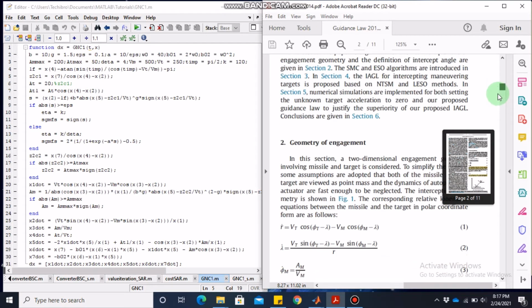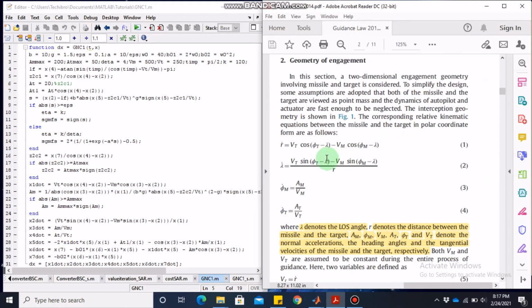Remember these equations, equation 1, 2, 3, 4. r will be our first state variable, which will be x1, x2 will be lambda, x3 will be phi m, and x4 will be phi t in this code. x4 is phi t, and x2 is lambda, which is the line of sight angle, and phi t is the heading angle of the target.